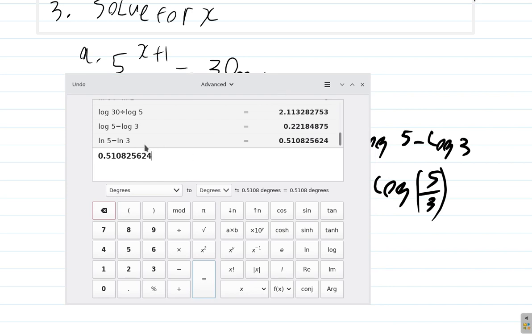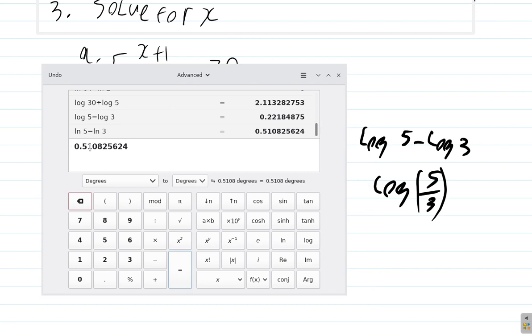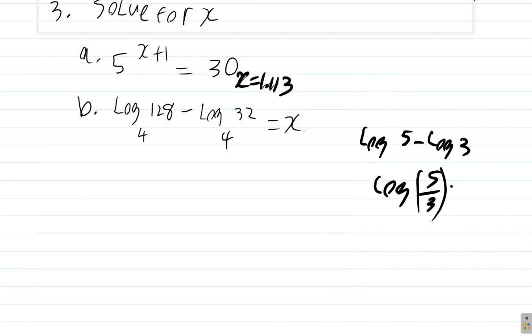We use natural logs different from common log. But let's stick to common logs for this example, and then we try natural logs and see. So log 5 over 3 is 0.22, call it 0.2218.